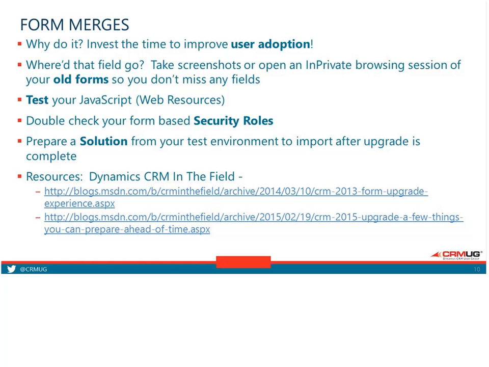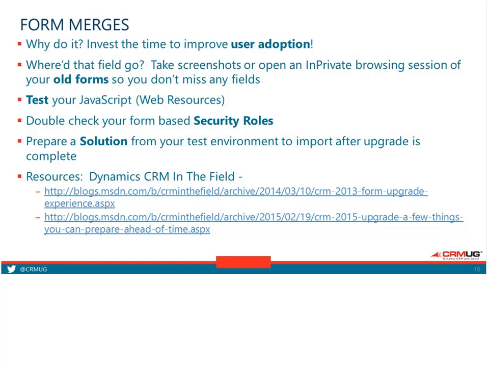I would say the biggest takeaway for me, and this goes back to the global search configuration, is that the customization of the form merge was something that I packaged in a solution to be imported into our final environment. So if you can imagine you migrate your database to a new production environment, we then layer on the customizations that we're taking advantage of from the two new features that we've discussed, form merges and global search.